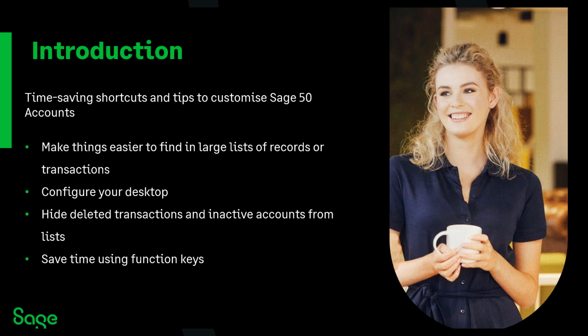You can configure your desktop, which includes hiding what you don't need, making the options that you do use easier to find. You can also hide deleted transactions and inactive accounts from your activity lists, things like activity windows and your reports as well. And you can also save time by using function keys to speed up your data entry, access options quicker, and switch between your mouse and your keyboard.